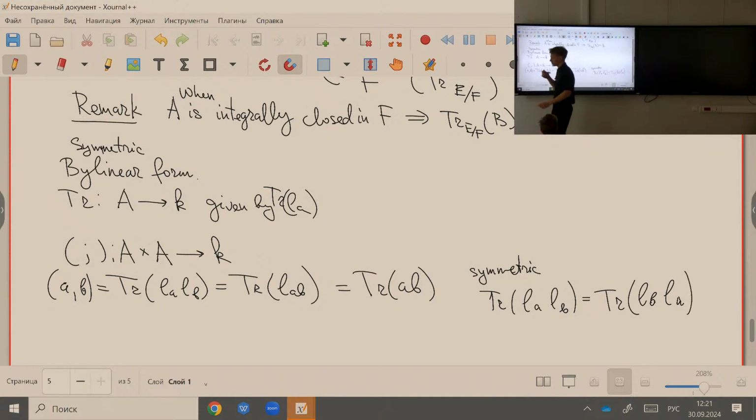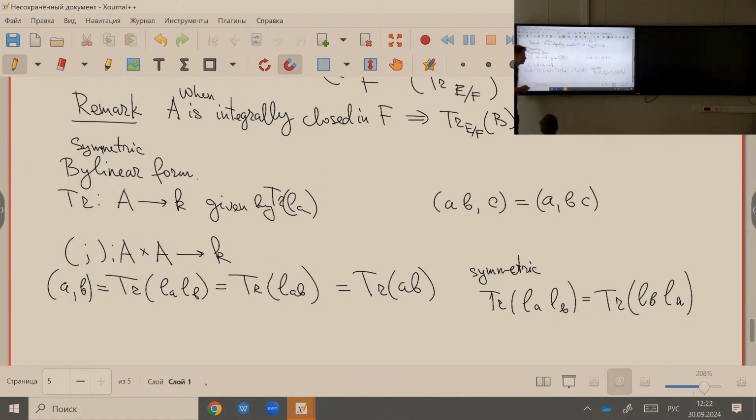So also, in general, for a non-commutative algebra, there is an option. You can have A, B, C. This form is invariant from the following point of view: (AB)C is equal to A(BC). This is associativity.